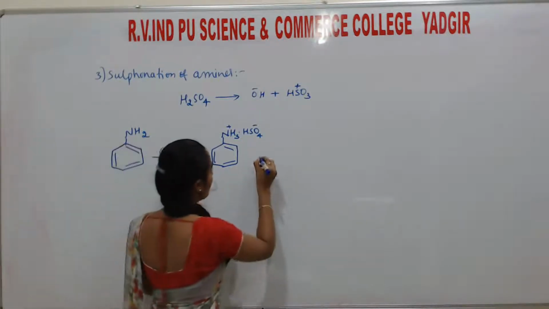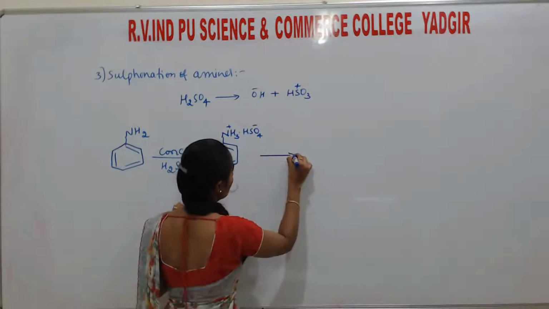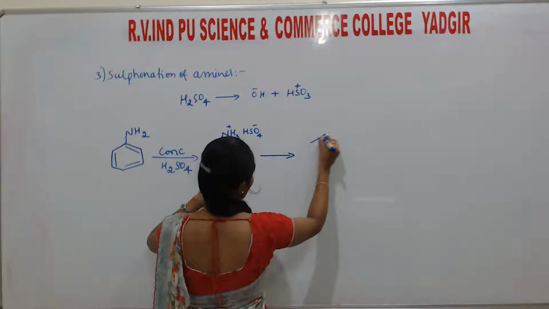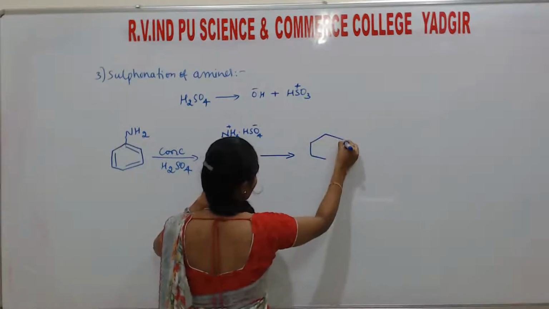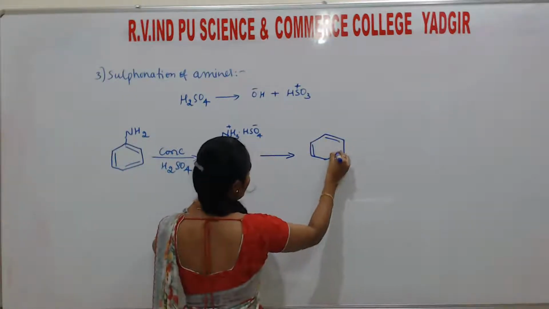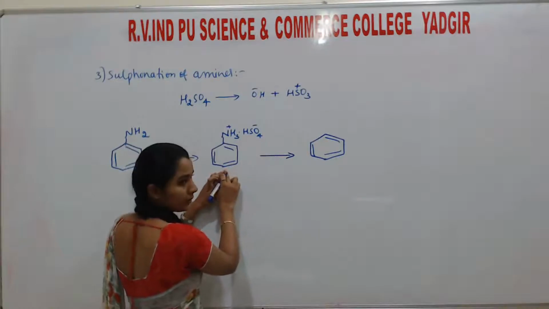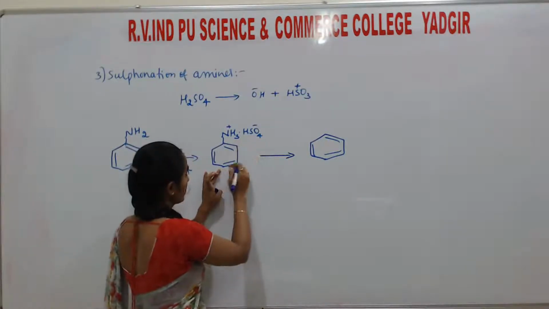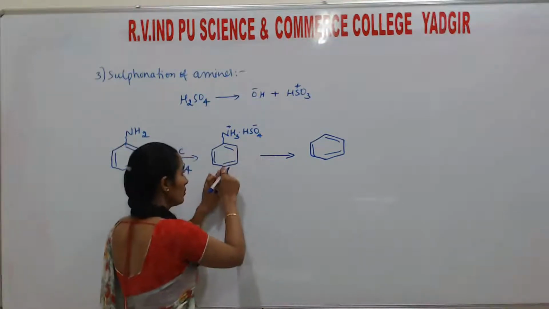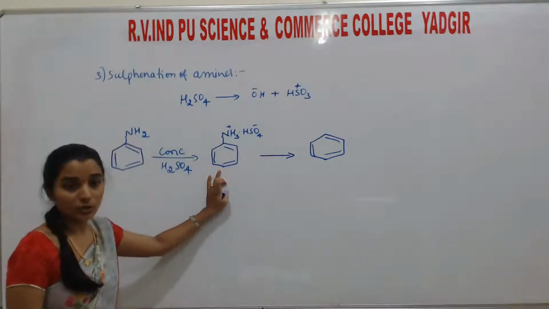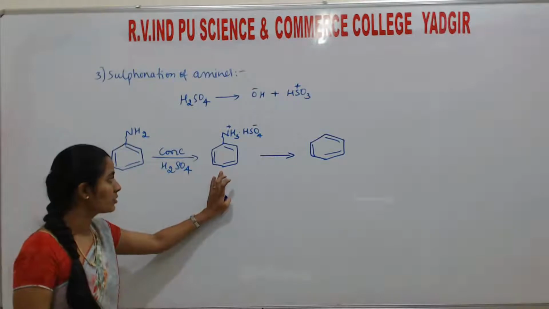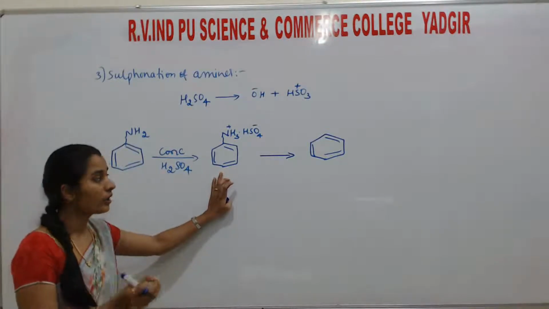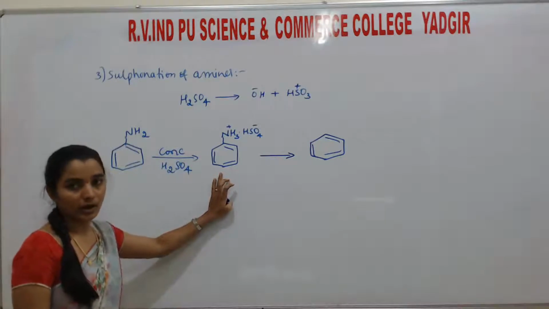So by the removal of the water molecule, it forms the product, which directs the incoming group to the para position. As I told you, para substituted amines are stable compared to ortho and meta.